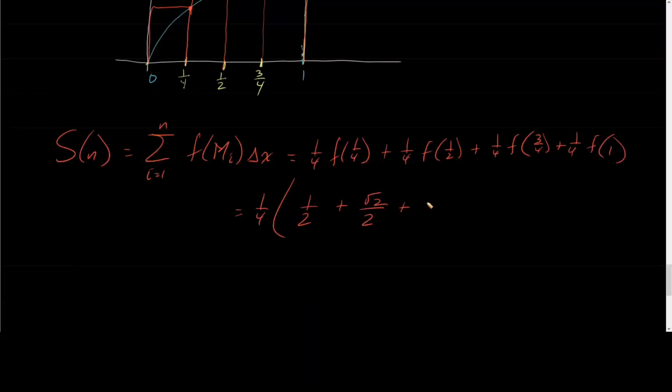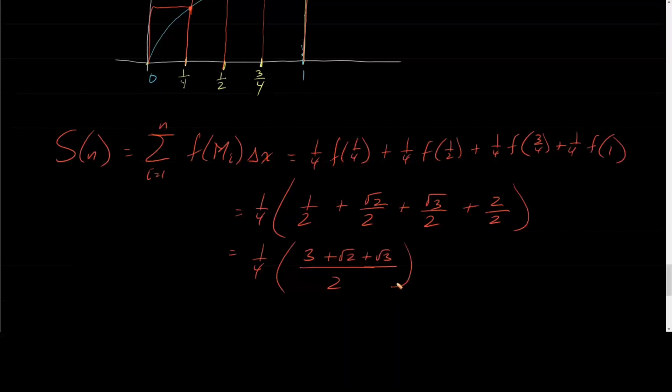Plus the square root of 3/4, radical 3 over 2, plus the square root of 1 is just 1. But I'm going to write that 1 as 2 over 2, right? Because 2 over 2 is just 1. And at this point, what do we actually get? I end up with 1/4 times a common denominator of 2. And I'm going to write this as 3, right? 1/2 plus 2/2, that's 3. So 3 plus radical 2 plus radical 3.